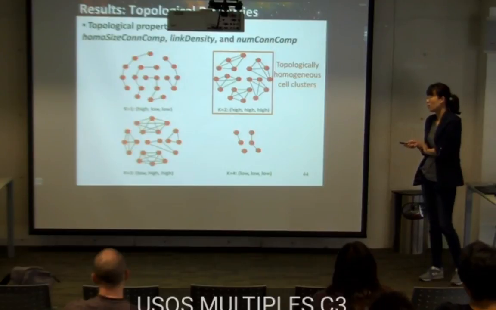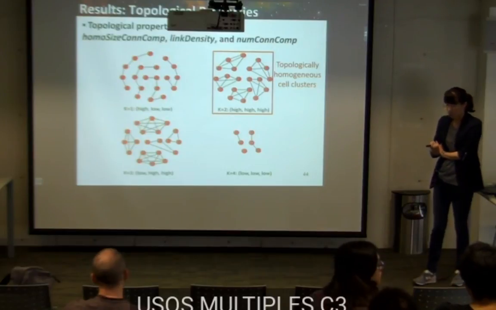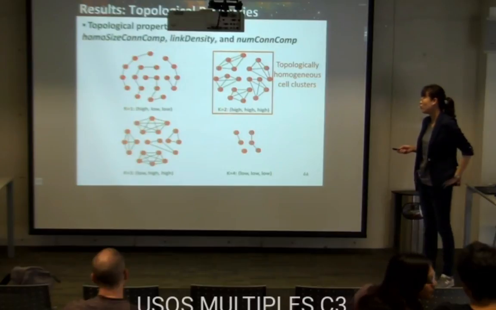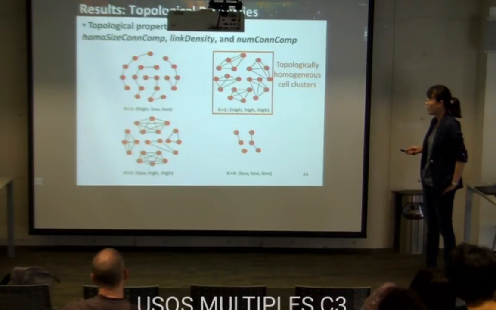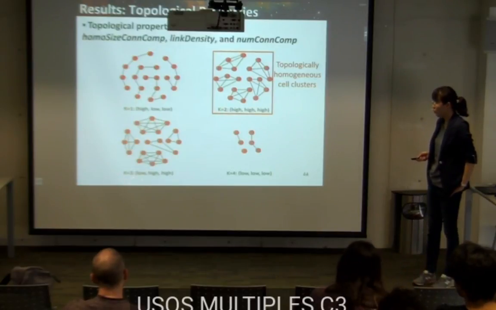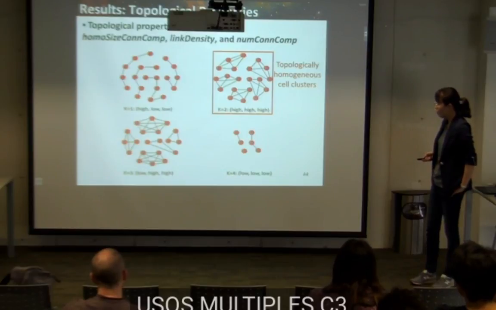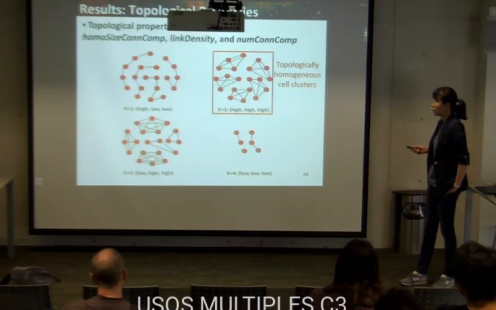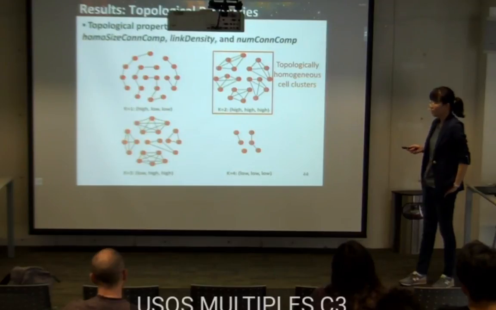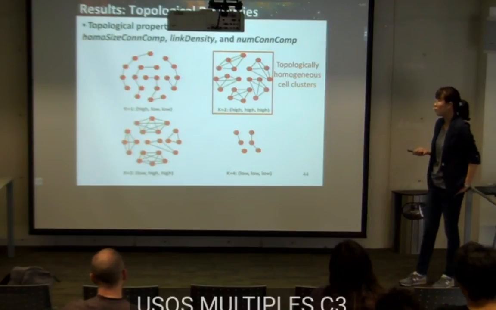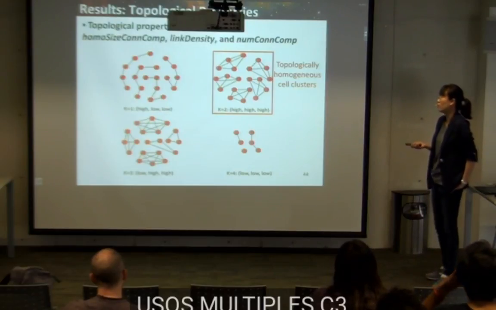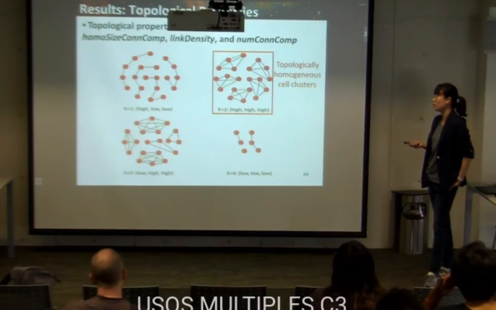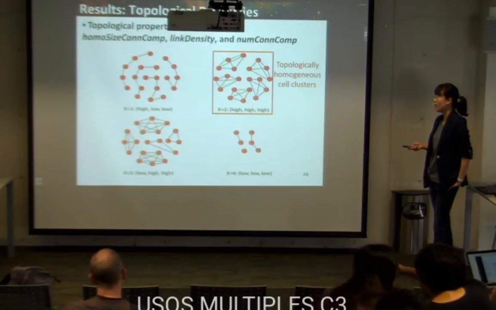Similarly, in the same order, K equal 2 showed high, high, high, K equal 3 showed low, high, high, and K equal 4 showed low, low, low. Based on these values, we found the overall topological properties for each K.